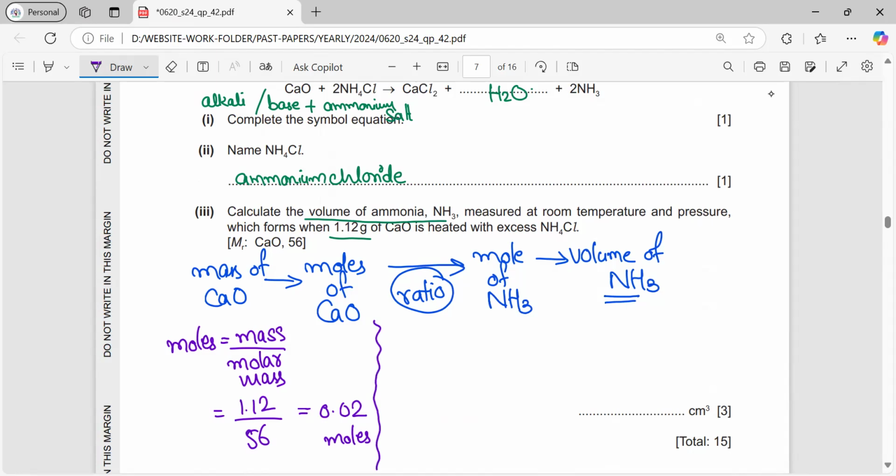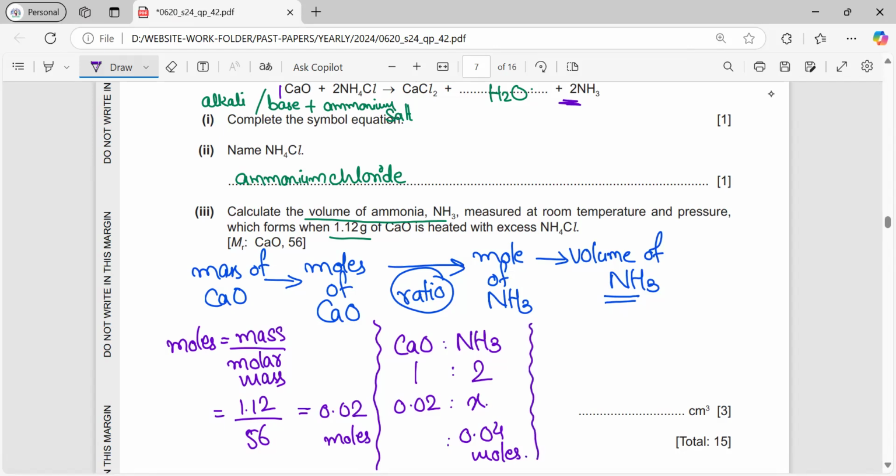Now, to take the ratio between calcium oxide and ammonia, first we'll see from the equation. In the equation, the calcium oxide is 1 and ammonia is 2. So the ratio is 1:2. If 1 calcium oxide is giving 2 ammonia, then 0.02 of calcium oxide will give 0.04 moles.